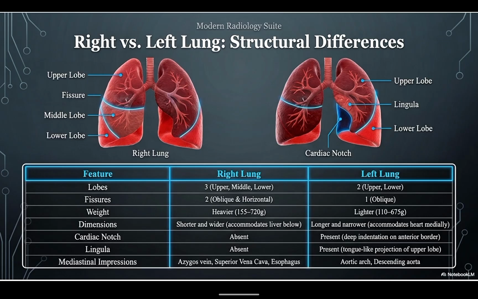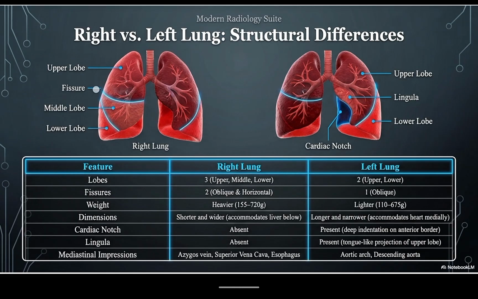And we have the right and the left lungs. In this section, we are going to describe the difference between the right and the left lungs. Let's start with the features. What are the features of lungs?